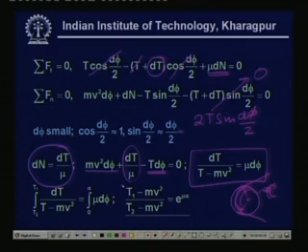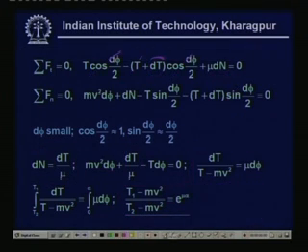So, preliminary integration gives us that T1 minus m v square over T2 minus m v square equals e to the power mu alpha. Please note that this particular one, what has been underlined over here in this equation, is one of the very important equations.